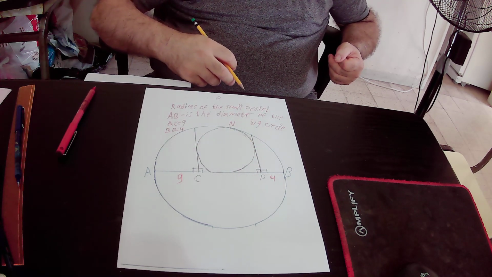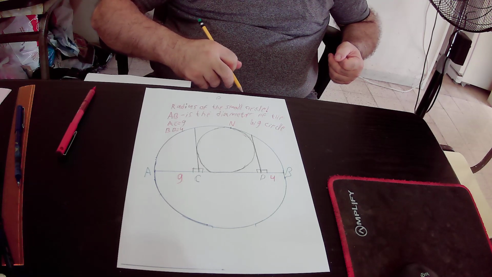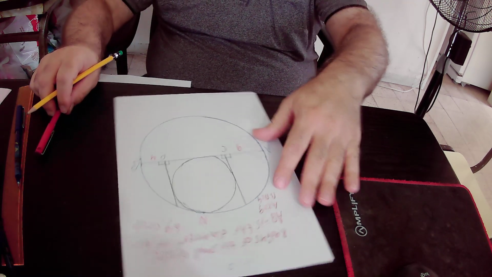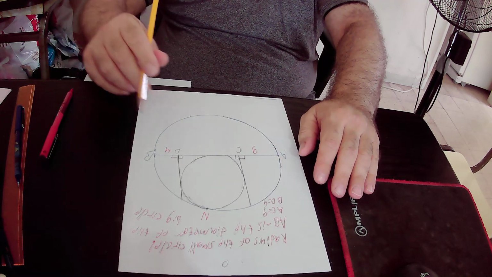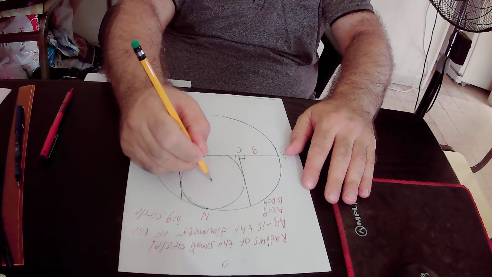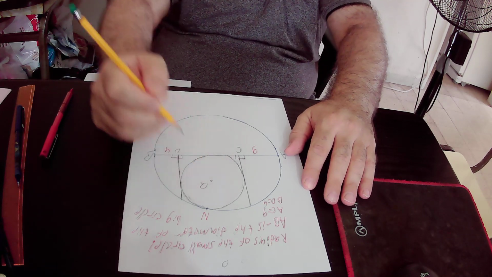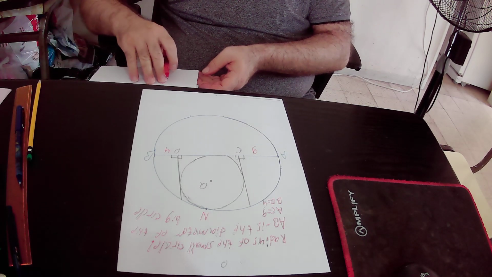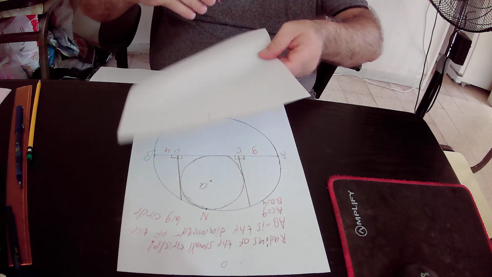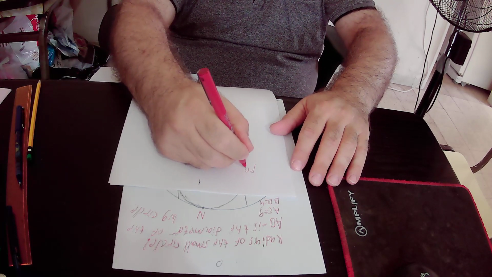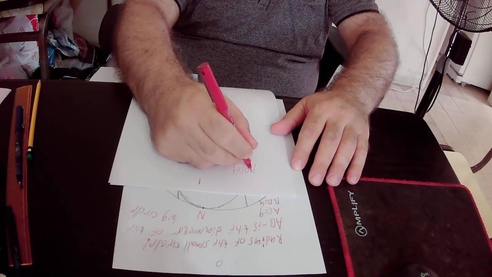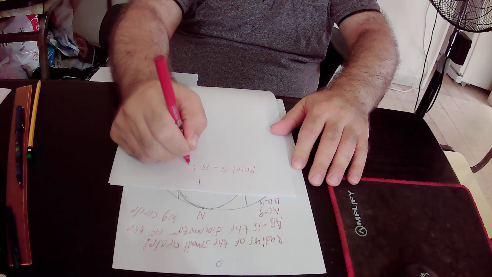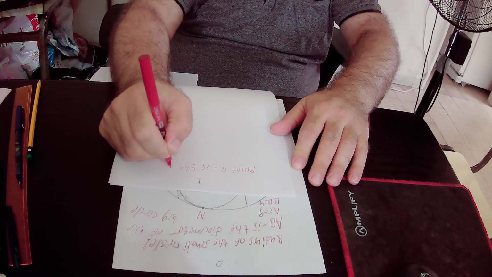So first of all, we will define the center of the small circle as point Q. Again, point Q is defined as the center of the small circle.